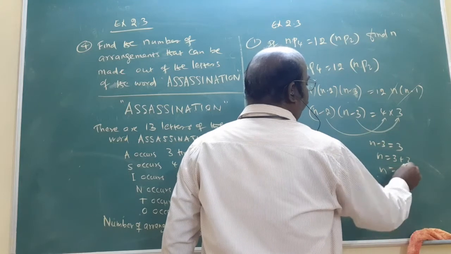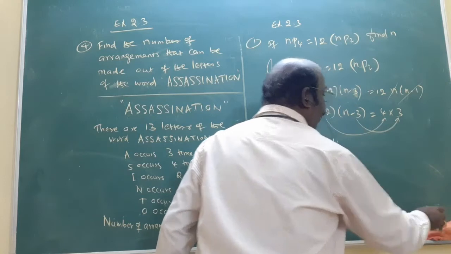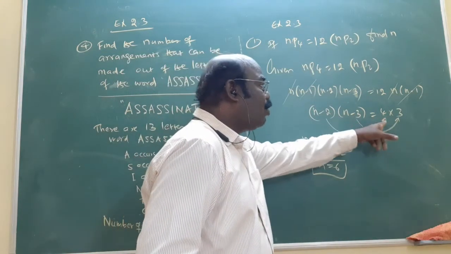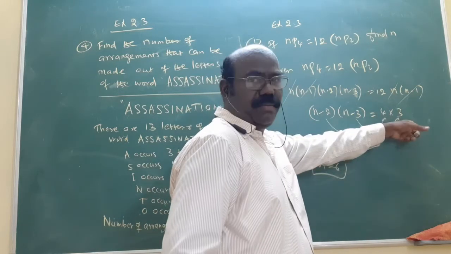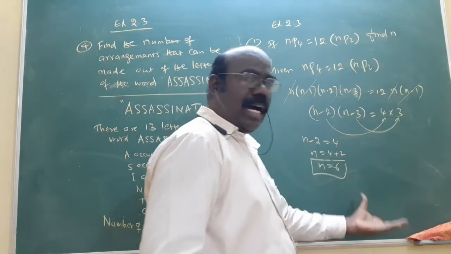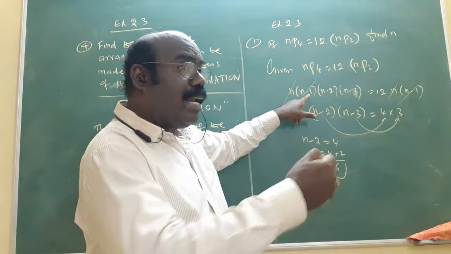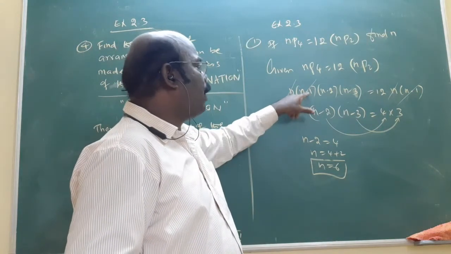Here both should be equal. That's why you want equal only one part. Here bigger number, next small number. That's why here also you write bigger number, next small number. Need not write 3 into 4. 3 into 4 means a wrong answer will come. Because start with n, next number is n minus 1, 1 is reduced. This is the bigger number, next reduced by 1.